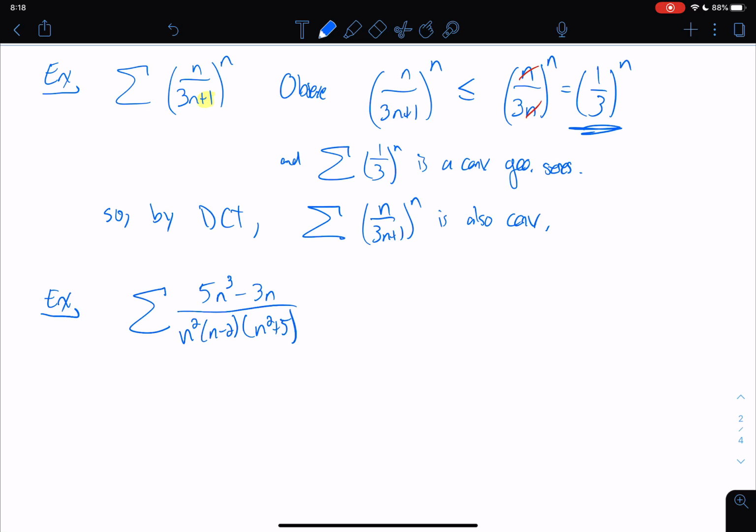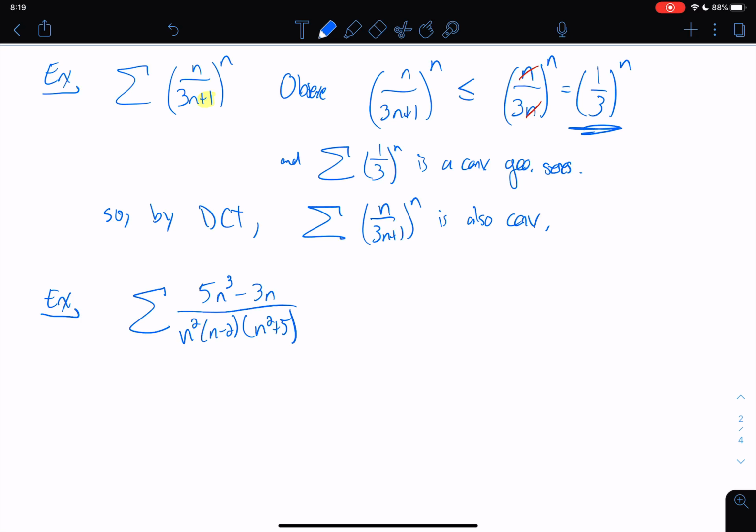I think the limit comparison test is the fastest here, because notice you can't just willy-nilly cut off values. Here we have a plus 2, here we have a plus 5. Well, if I cut off the minus 2, I'm getting smaller. If I cut off the plus 5, I'm getting bigger, and it's not clear which direction you end up going at the end of the day if you kill both at the same time.